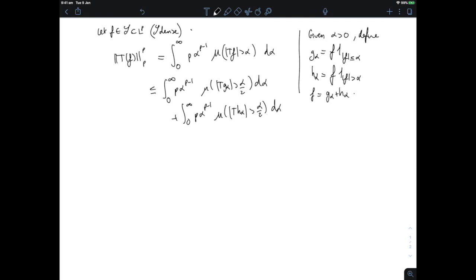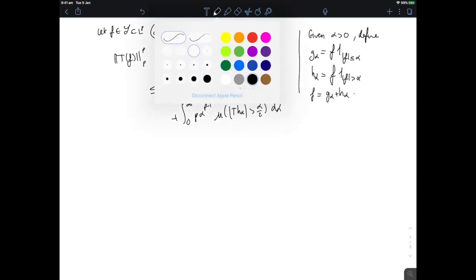Just repeating myself a little bit: if T g_alpha were smaller or equal than alpha over 2 and T h_alpha were smaller or equal than alpha over 2, then |Tf| would be smaller than alpha. So I have a containment of that set where it's large into the union of these two sets, and then I use the fact that the measure of the union is smaller than the sum of the measures.